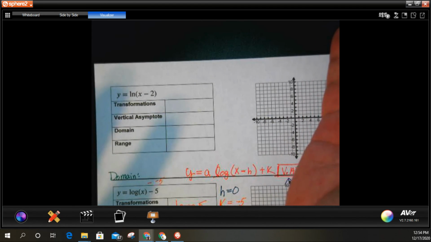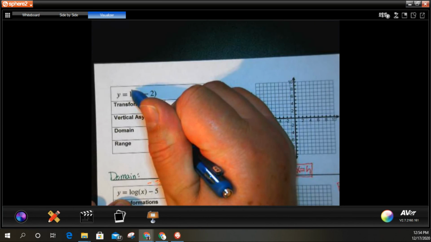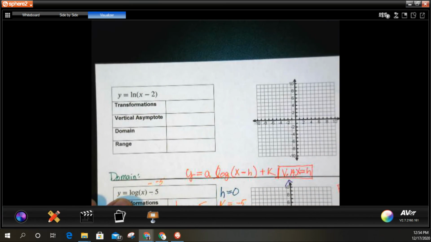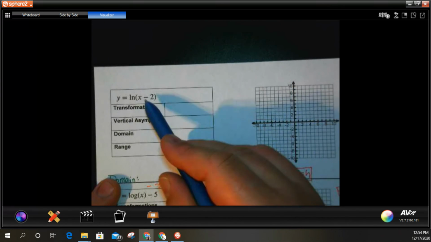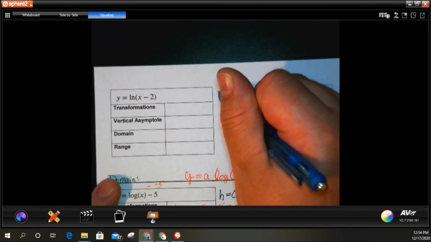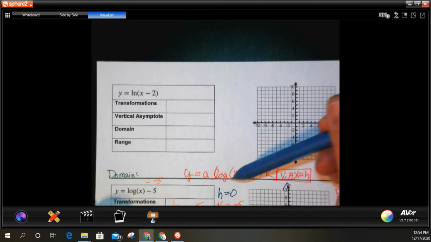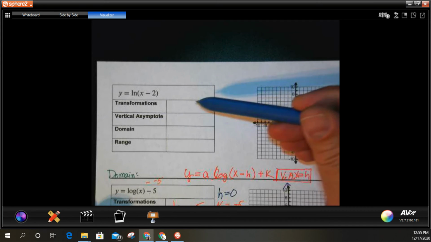So my h, and I'm using this down here, my h is a positive 2 because I don't have to change the sign. I already have a minus sign there. h is positive 2, which means it's going to go opposite sign, right 2.